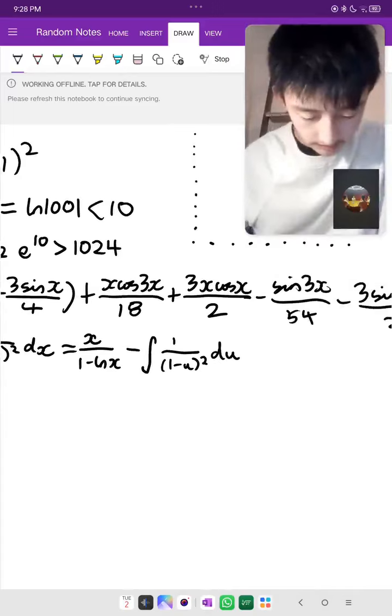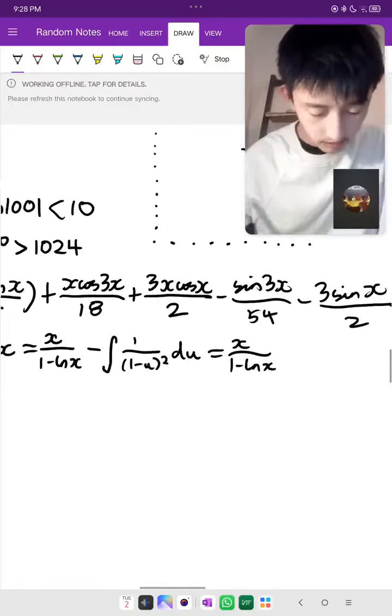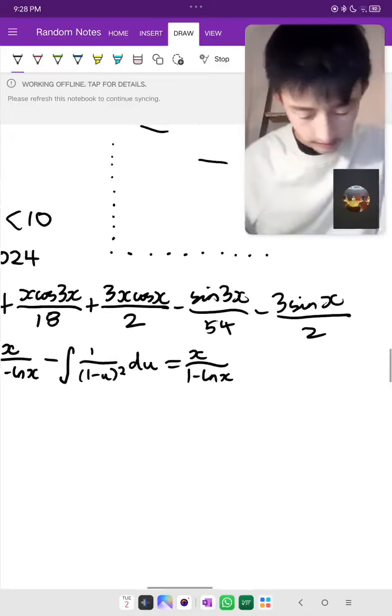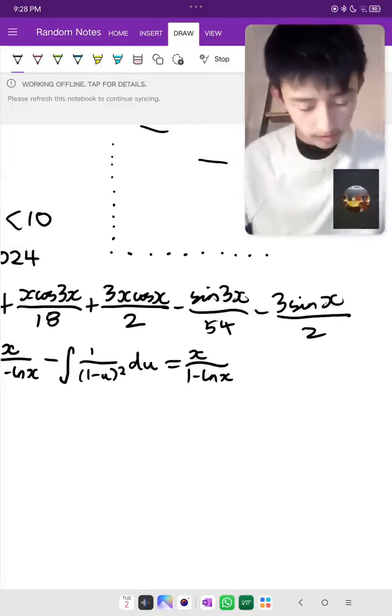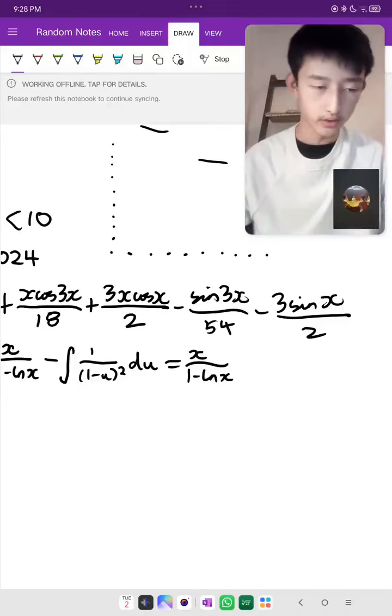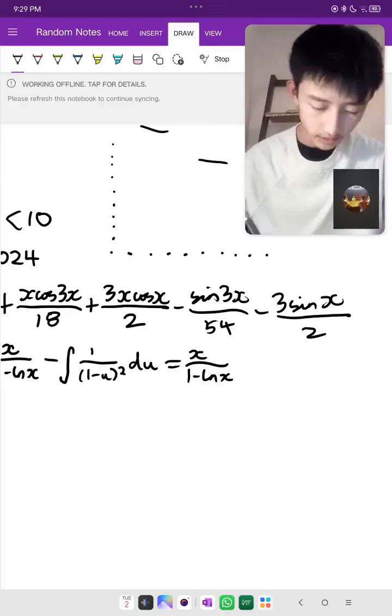To integrate this, it's x over 1 minus ln x, then 1 minus u to the minus 2, so minus, but the minus goes away, so I think this is just 1 over 1 minus u.